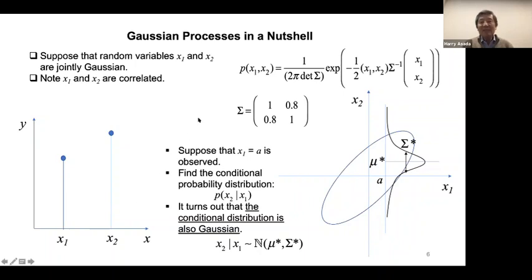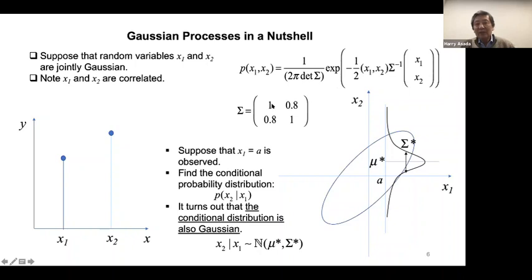What that means is that if you pick the x1, x2 probability density, it is given by this kind of expression, where sigma is the covariance matrix, sandwiched by x1, x2 from both sides, and that's part of the exponential function, right?